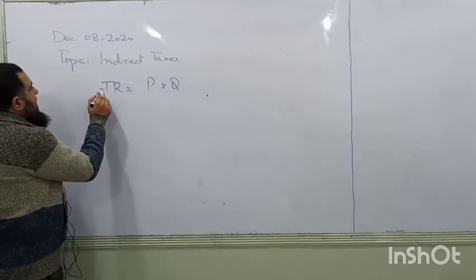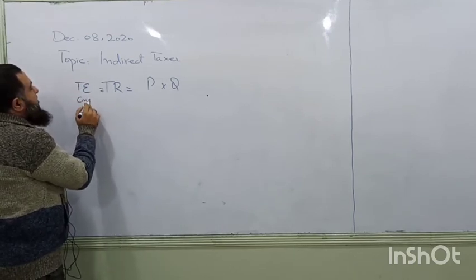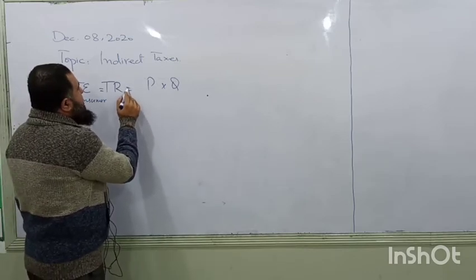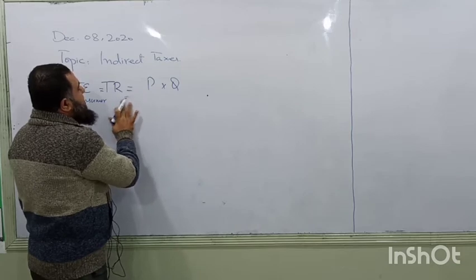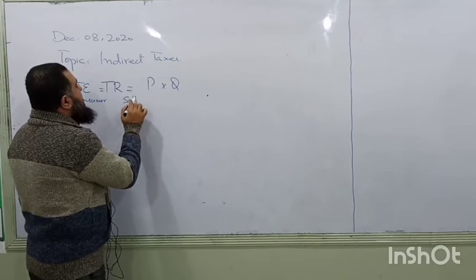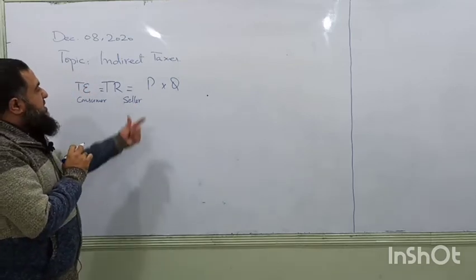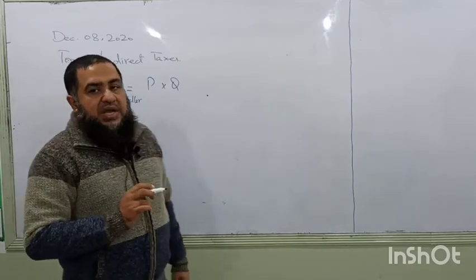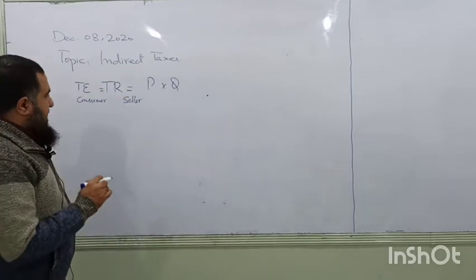So can I say this is the total expenditure of the consumer, whereas from the seller's point of view it is going to be the revenue. We can calculate the seller's revenue by multiplying the price with the quantity sold. Now there are two main types of indirect taxes.